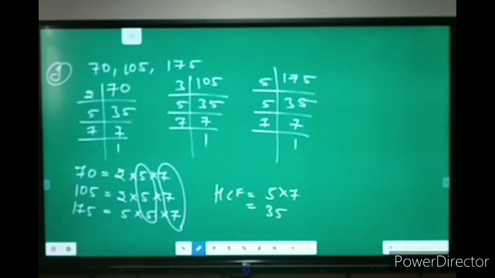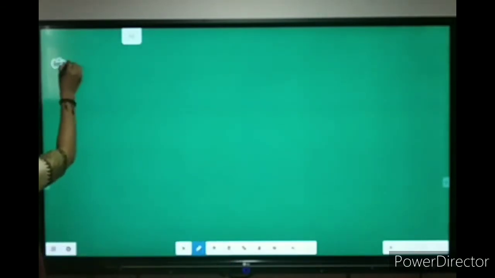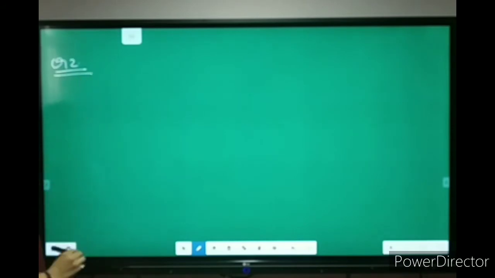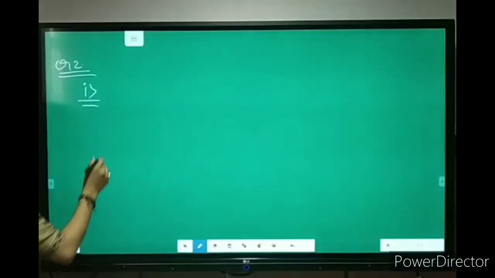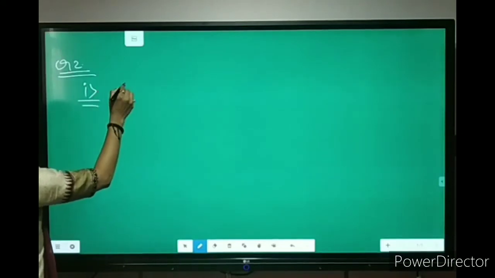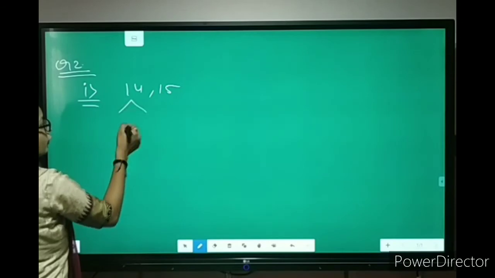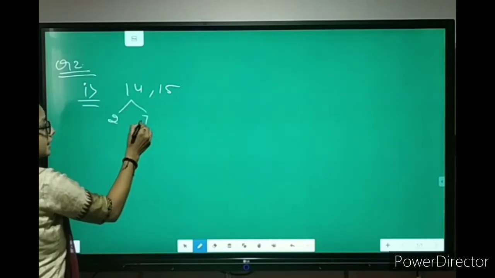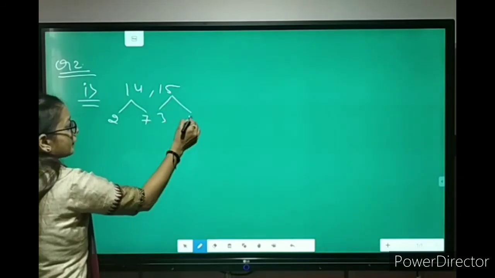Okay. Next question, question number 2: what is the HCF of two consecutive numbers? Two consecutive numbers, for example 14 and 15. Factors of 14: 2 multiplied by 7. Factors of 15: 3 multiplied by 5.